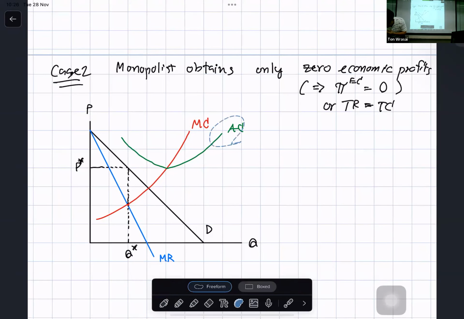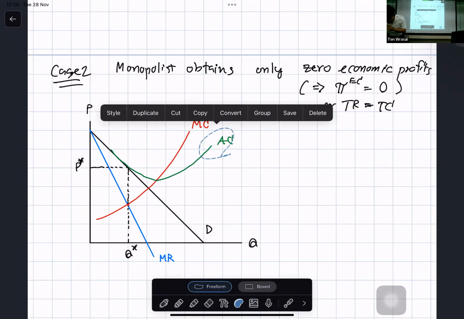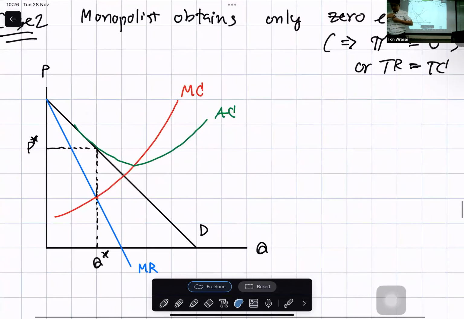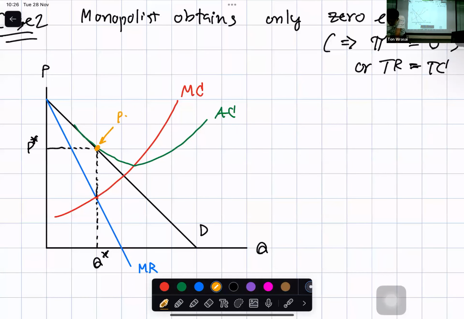We have to move the AC curve. Touch here. We found out that when producing Q star, price and cost per piece are the same, then economic profit is 0.